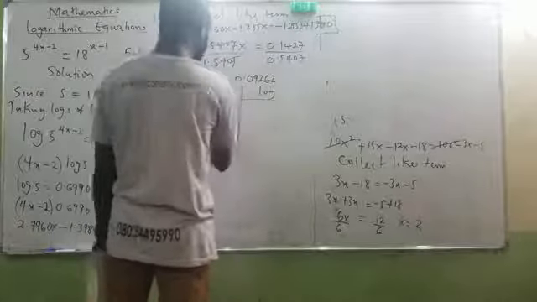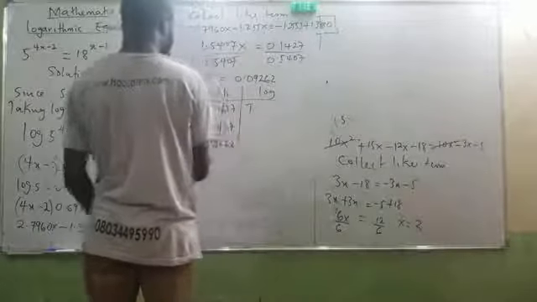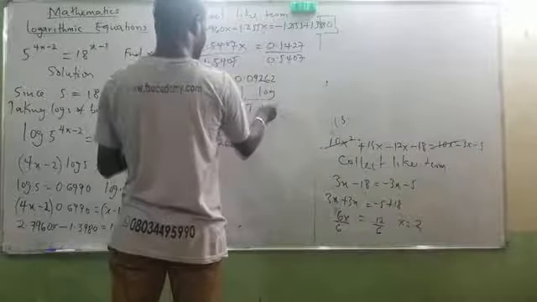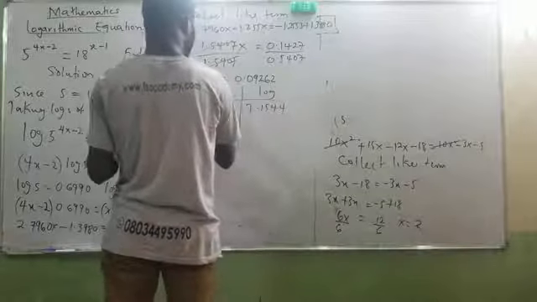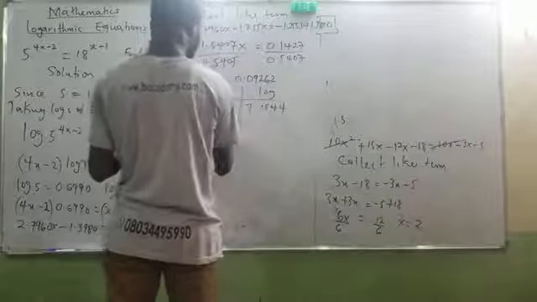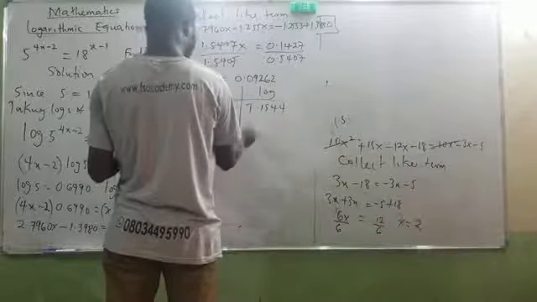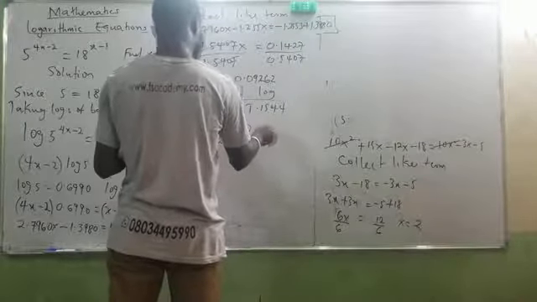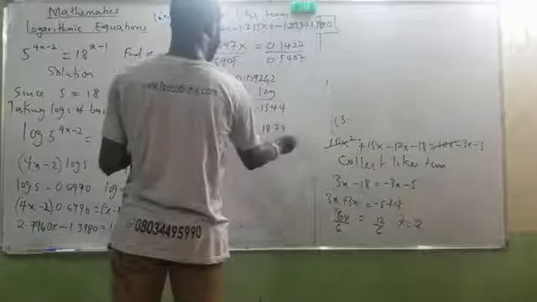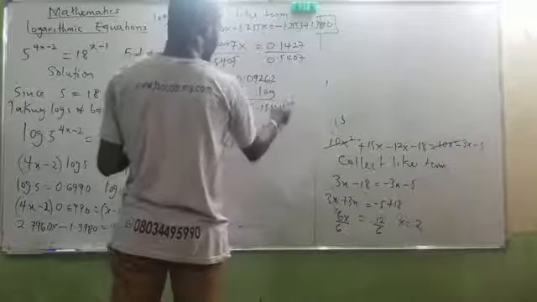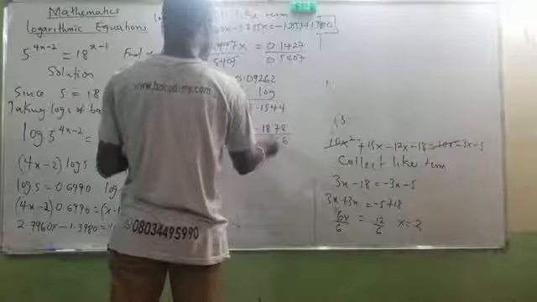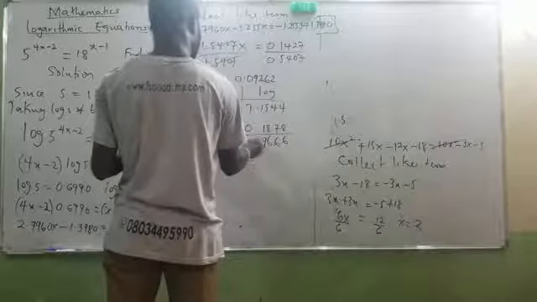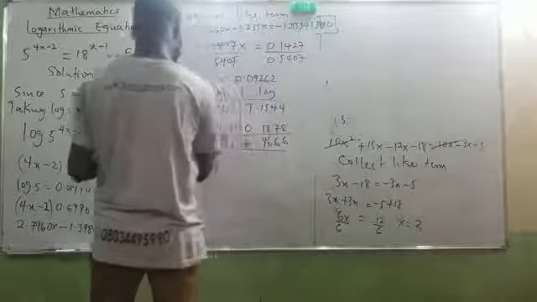Now, the log of this one will give me 1.1544 and the log of 0.5407 will be 1.7329, so subtracting, I'll be having 6, 6, 6 and here will be 9, and here will be bar 2. That is my answer. This is log, this is anti-log.